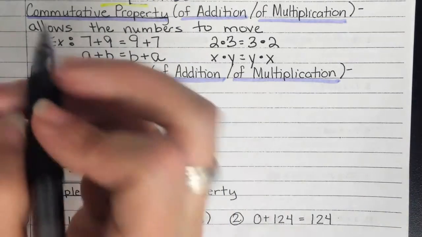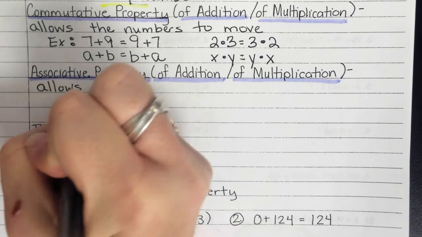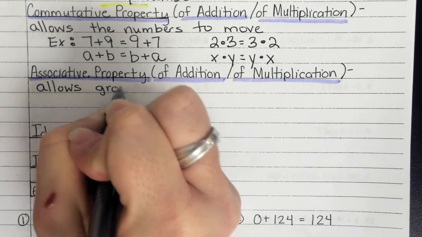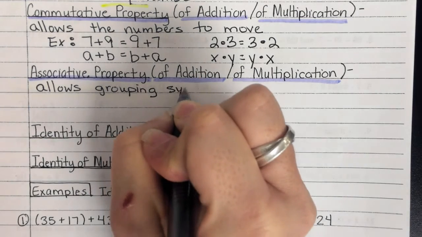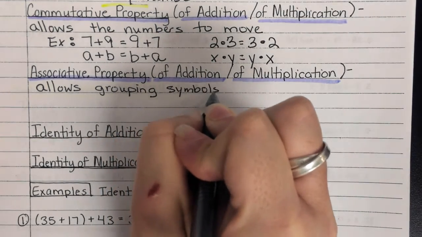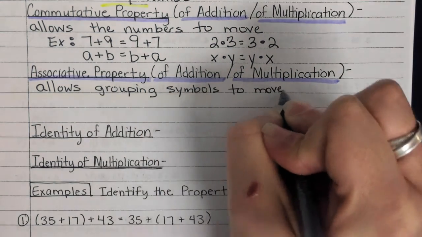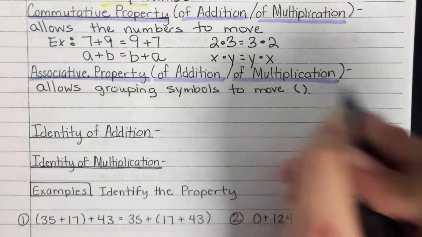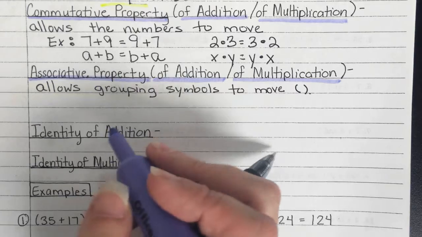This is the key to it. It allows grouping symbols to move, meaning parentheses. I want you to think about that. Parentheses moving around.